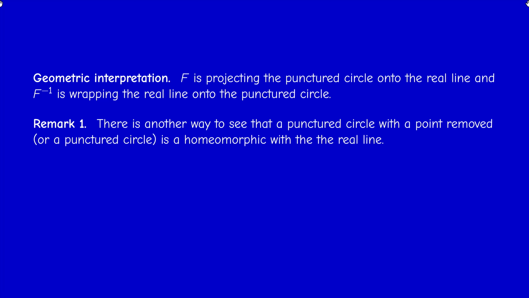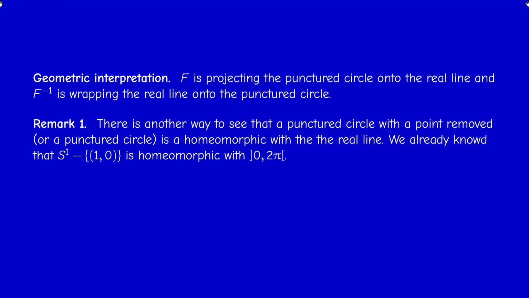The first remark is that there's another way to see that a circle with a point removed is homeomorphic to the real line, because in the previous example, we showed that S1 without (1, 0) is homeomorphic to the open interval 0 to pi. And 0 to pi is homeomorphic with R. Therefore, R is homeomorphic with a punctured circle.